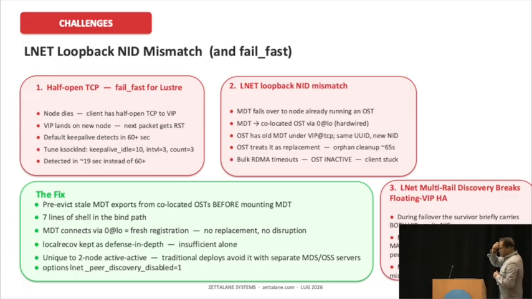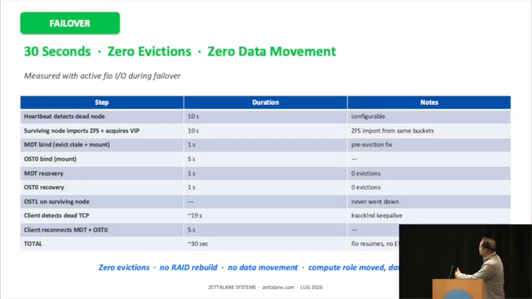And the third thing is the multi-rail auto discovery, which the Oracle folks also mentioned. You have the option to disable that peer discovery. In terms of failover, Lustre is clean, so not much time is taken for a failover.